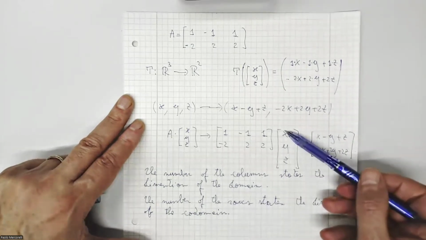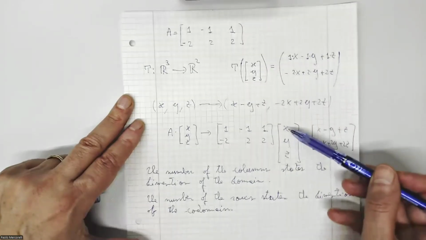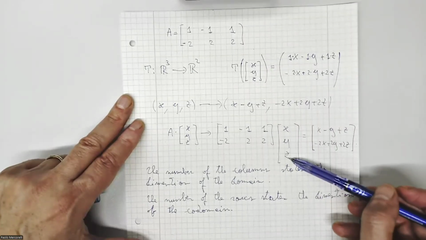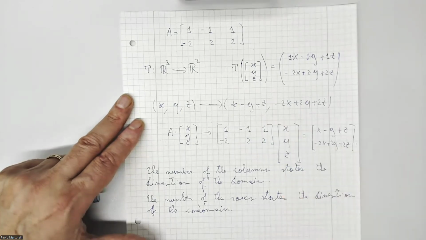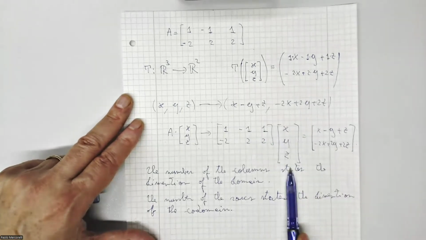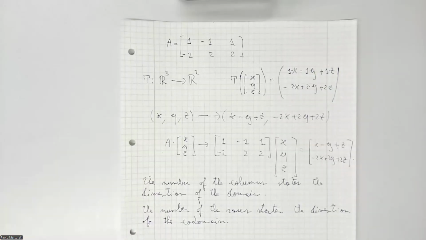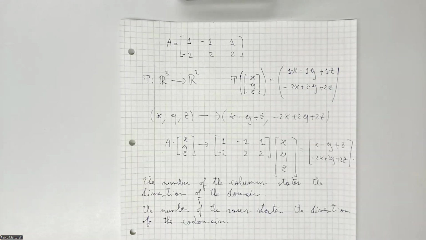But apparently it seems that I will transform x, y, z, because I have three elements. This means formally, yes. Formally, yes. But now we will see something interesting, because really the dimension of the domain, what really transforms, is characterized by the number of independent columns. Now we will go in depth on this.